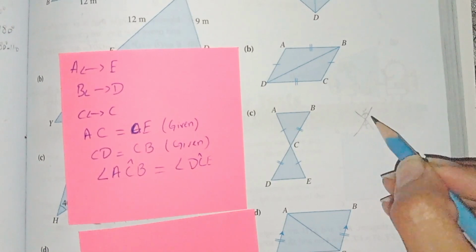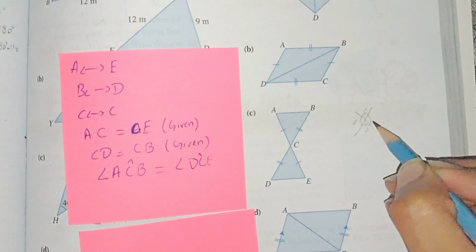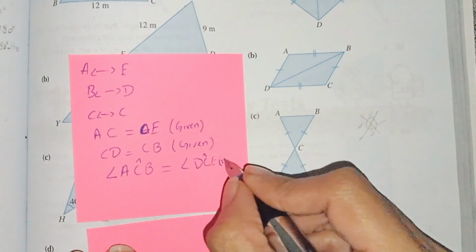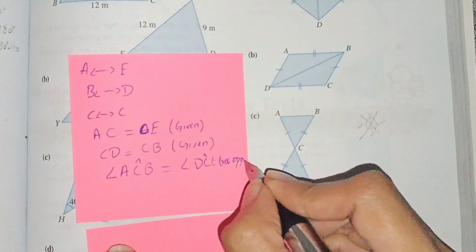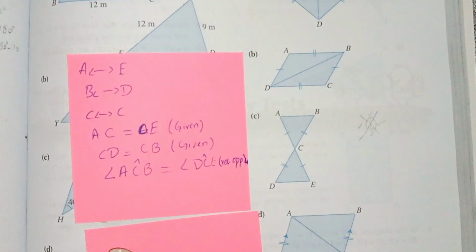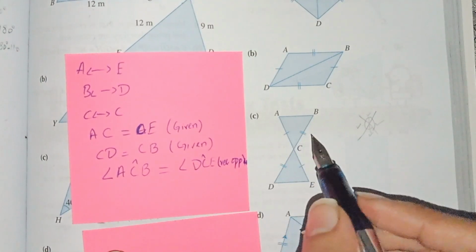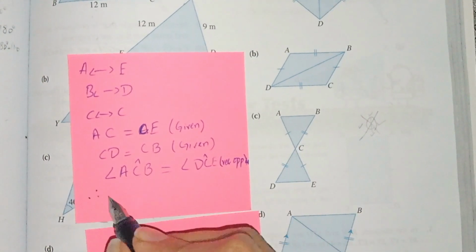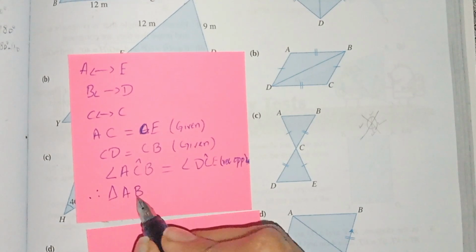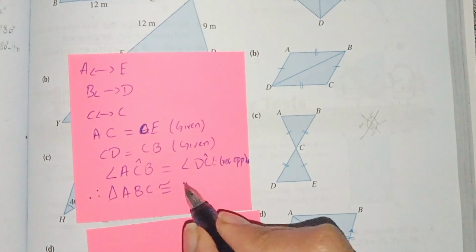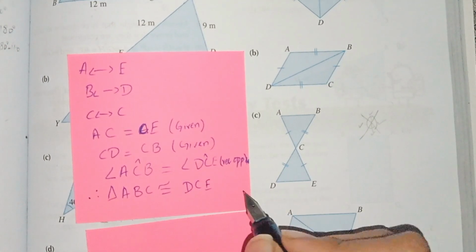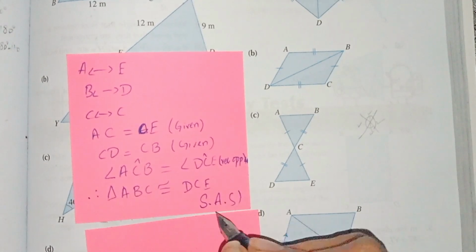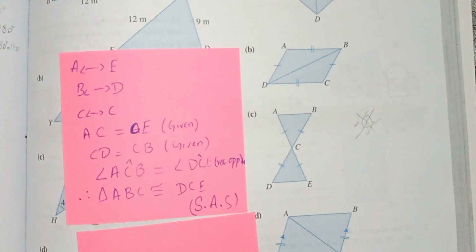This angle is equal to this angle, and this angle is equal to this angle. Now we prove the congruency test, side angle side, and therefore triangle ABC is congruent to triangle DCE. And which test is applied on it? Side angle side.